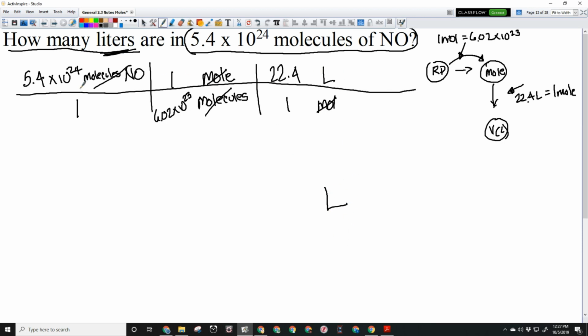So I'm going to do the math. 5.4 times 10 to the 24th power times 22.4 is equal to 1.2096 times 10 to the 26th, over 1 times 6.02 times 10 to the 23rd, times 1, is 6.02 times 10 to the 23rd.